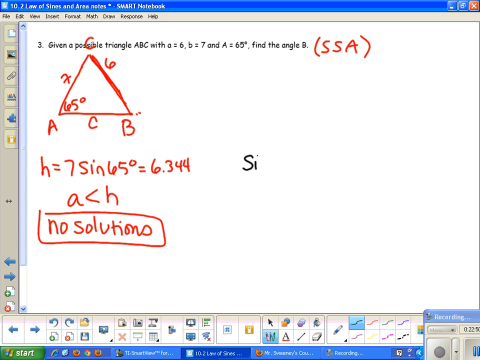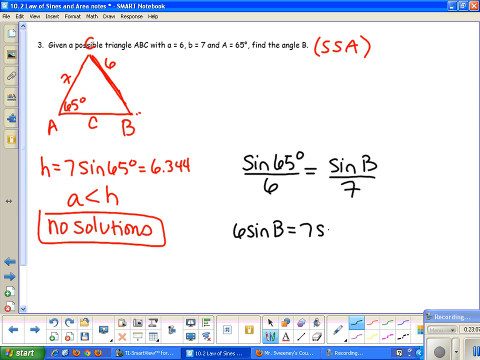So let's do the sine of 65 degrees over 6 equals the sine of B over 7. If I cross multiply, I get 6 times the sine of B equals 7 times the sine of 65 degrees.